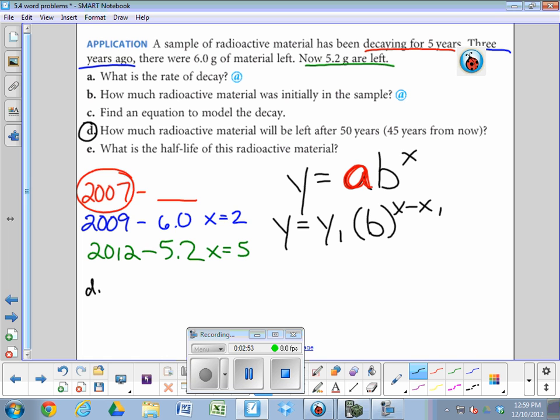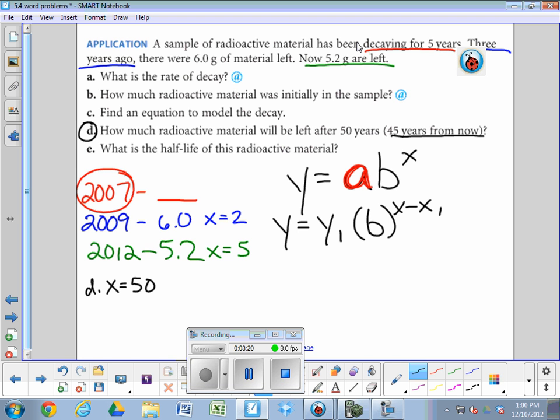Part D, we're actually going to plug in 50, because it would have been 50 years from 2007. Good? So that's going to be 50. If we would have used today as our base year, they're saying that it would have been 45 years from now, but we're not. We're going to use 2007 as year 0.